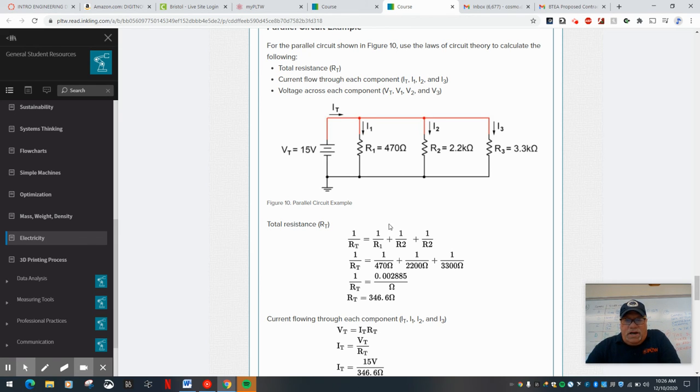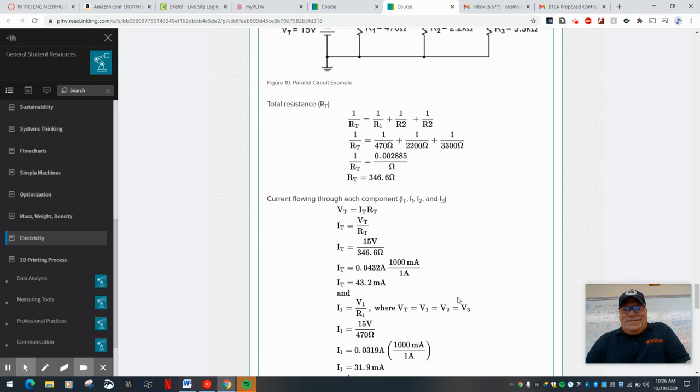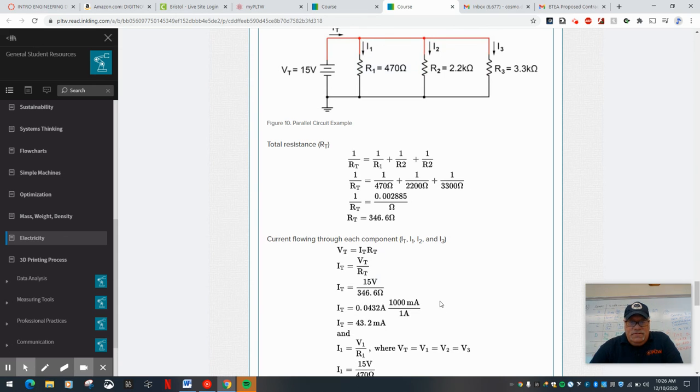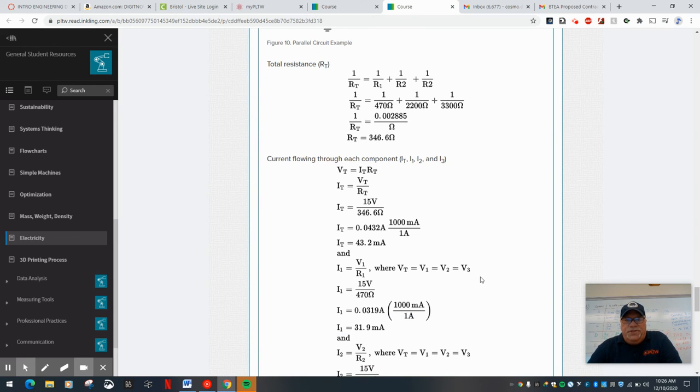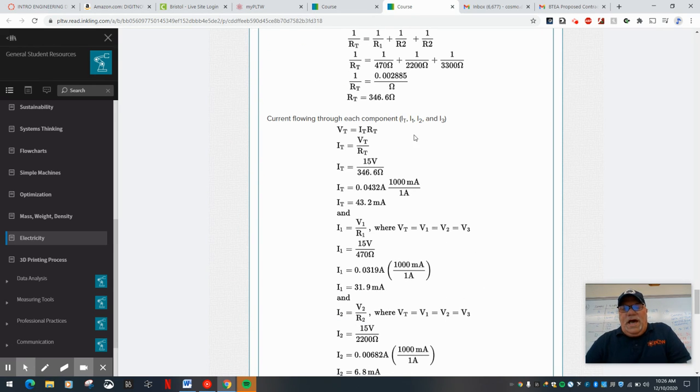So we do that and we come up with a sum of 0.002885. And so 1 divided by that, we come up with 346.6 ohms total resistance.